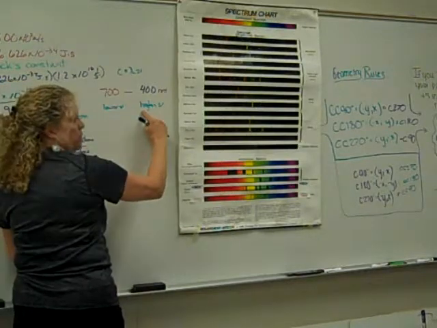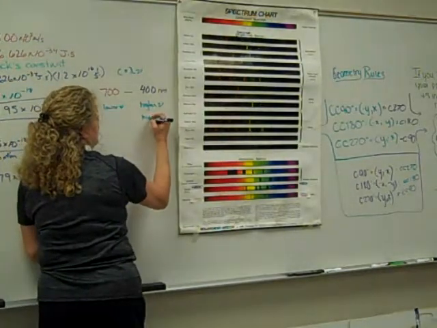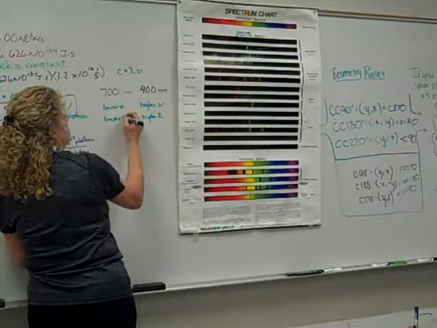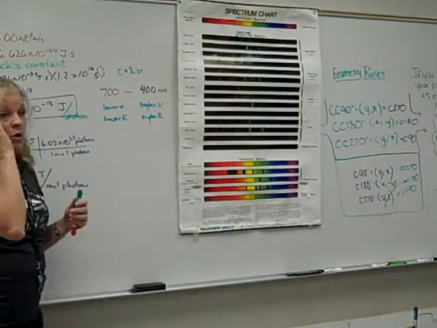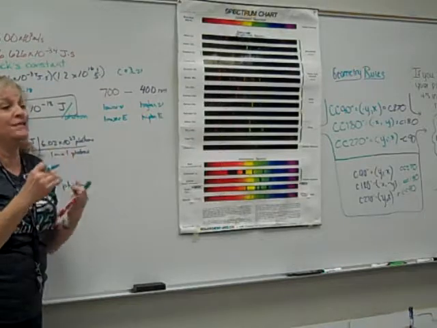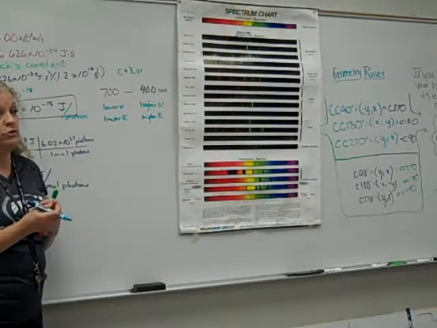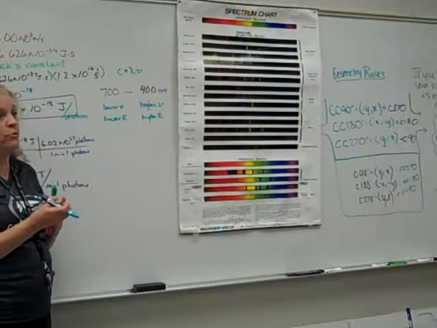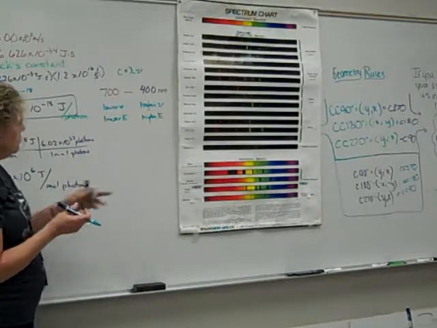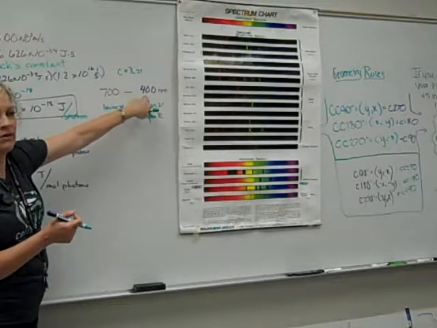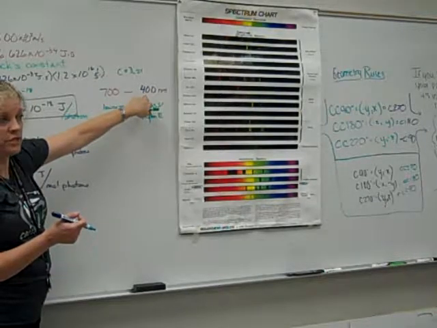Because it's higher frequency, it's higher energy. And this is lower energy. So, let me ask you this question. How are energy and wavelength proportional? Directly proportional or inversely proportional? Higher energy, lower wavelength. You see that?